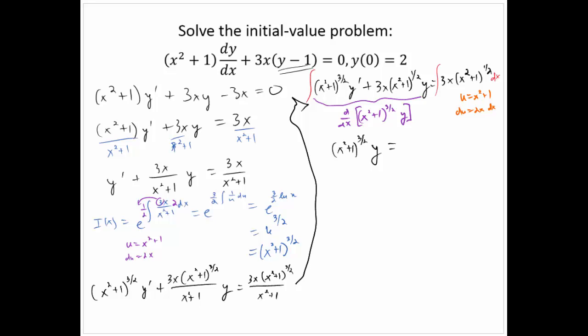So this would end up being 3/2 times x squared plus 1 to the 3/2 over 3/2, plus a constant.